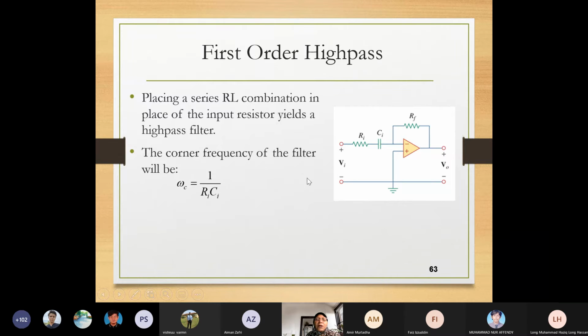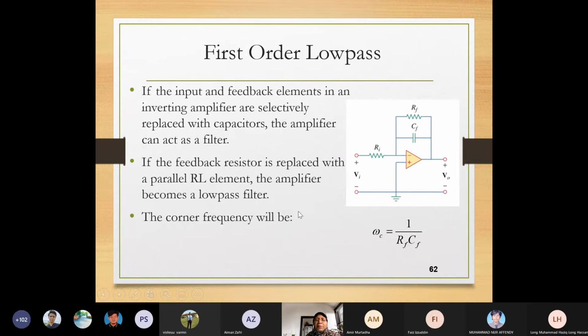The only difference between the high pass and low pass filter for this circuit: frequencies higher than omega C will be allowed, but frequencies below omega C will be attenuated. For the low pass filter, frequencies below omega C will be allowed, and frequencies above omega C will be truncated or attenuated.